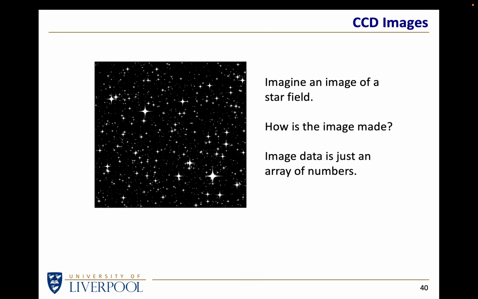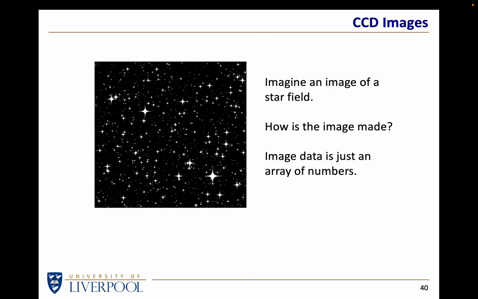And after you've exposed, which could take a second or a minute or an hour, depending on what light you want to capture, after you've exposed the CCD to the scene you're interested in, then you read out the data. So you can imagine if you have a patch of sky, one thing you have to remember is that ultimately an image is just a collection of numbers.